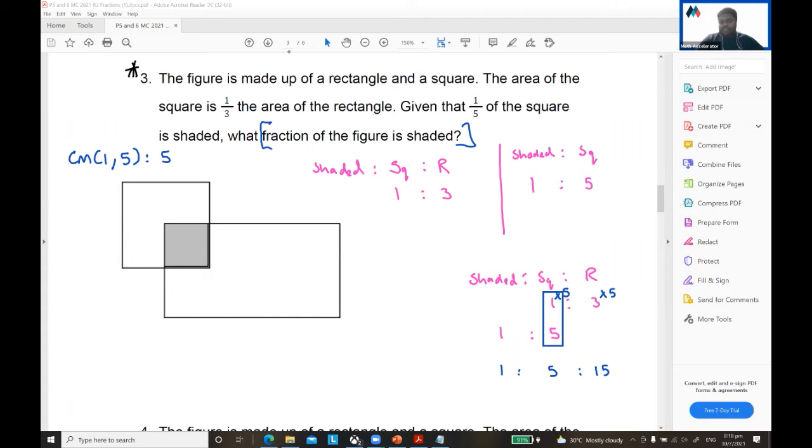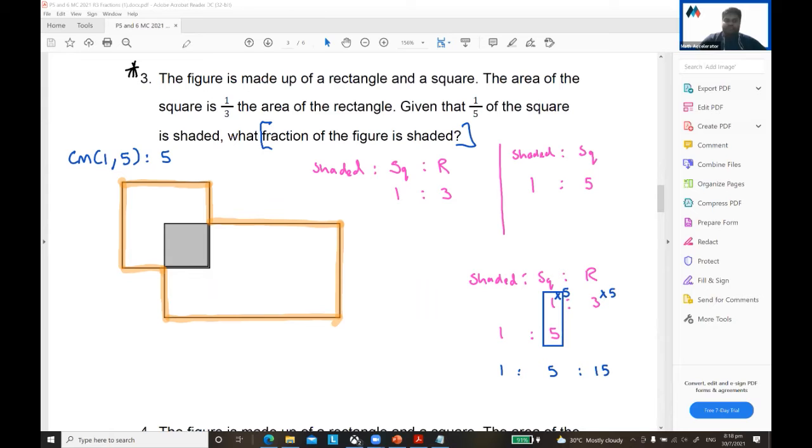Okay, so now I want you to start thinking with a bit of logic, okay? Let's slowly do this. So now let's outline the figure. So this figure looks like this. All right.